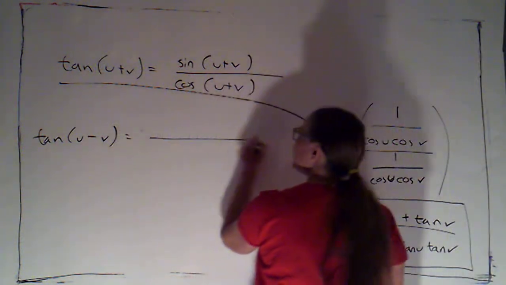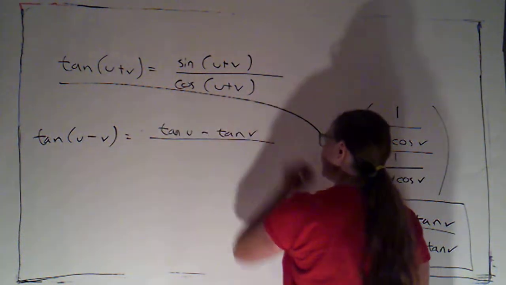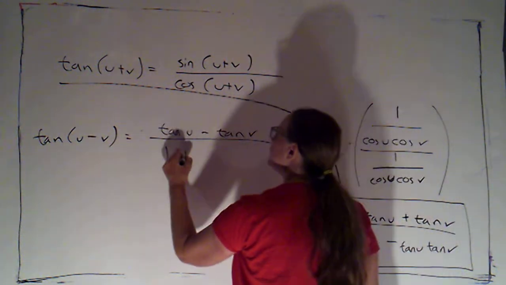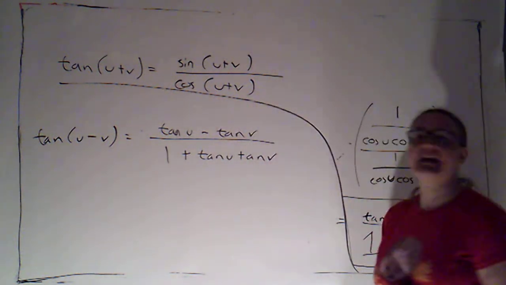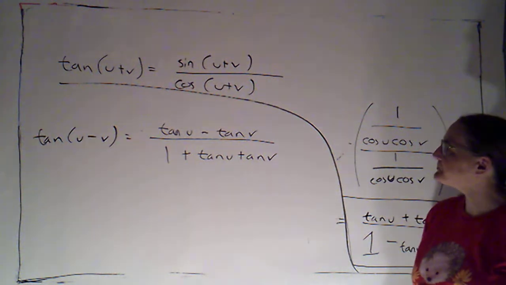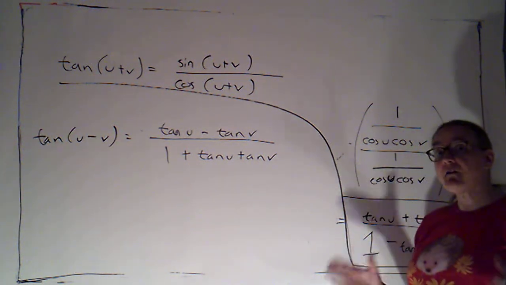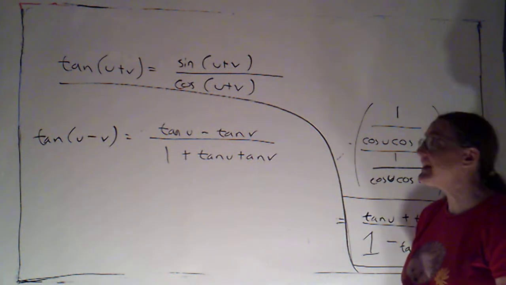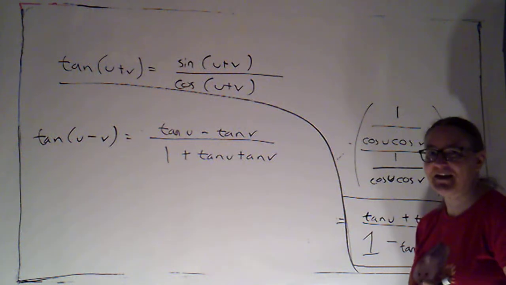So we will have on top tangent of u minus tangent of v, and on bottom 1 plus tangent of u times tangent of v. All right, excellent. So we've now got all of those formulas, and in the next video we're going to start actually using them to evaluate some trig functions.